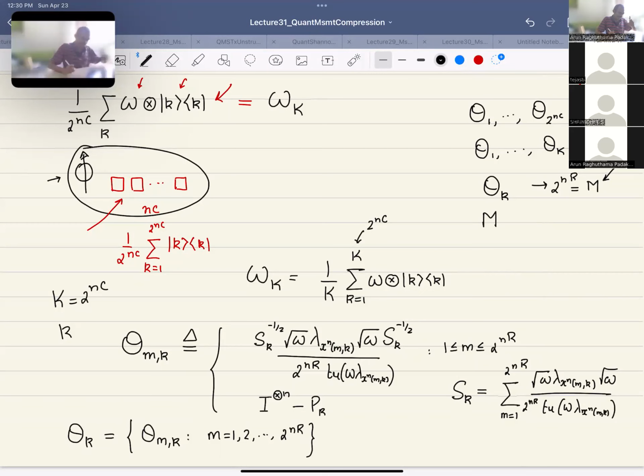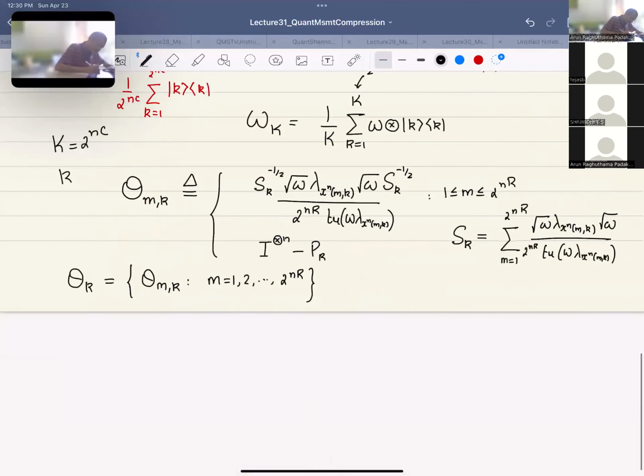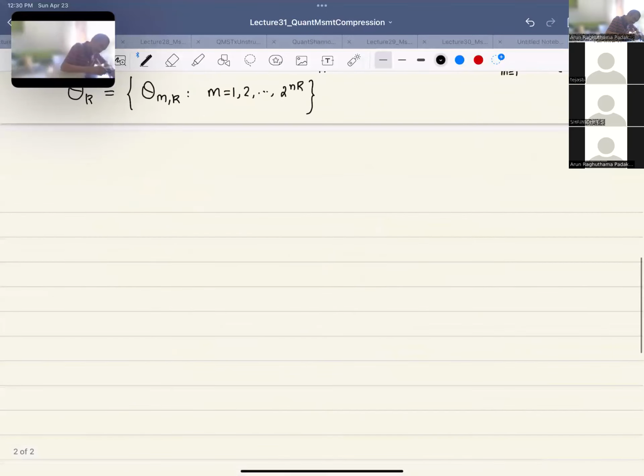Okay. So what is happening? So what did I tell you? So you are getting these public coins. So I have this bank. So again, I'll write a picture. So theta 1, theta 2, theta k.